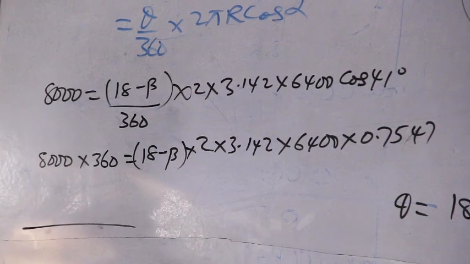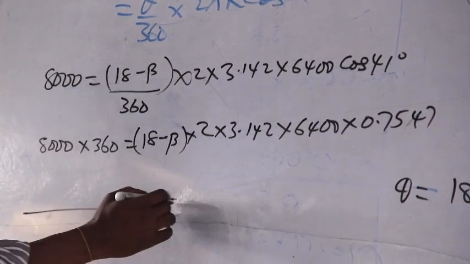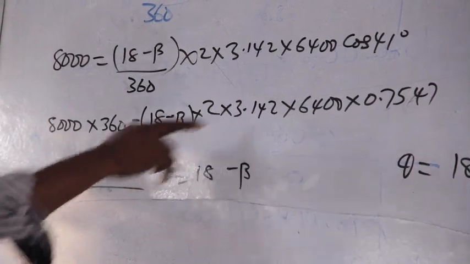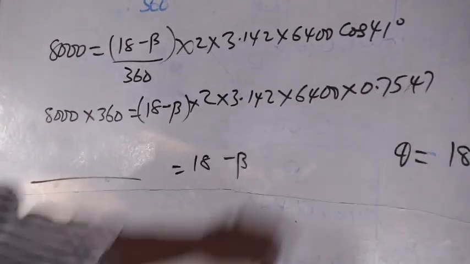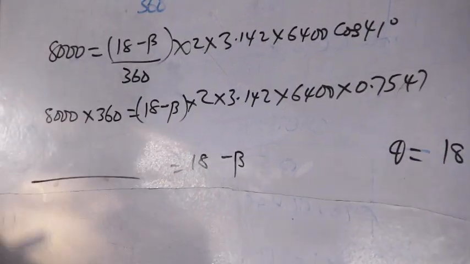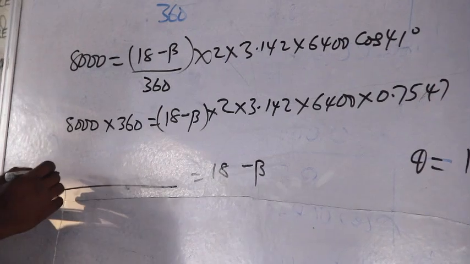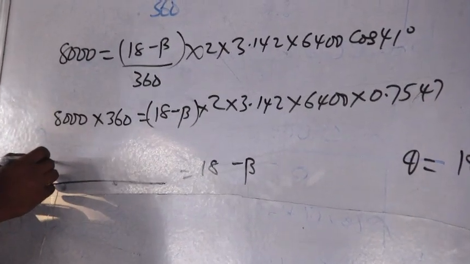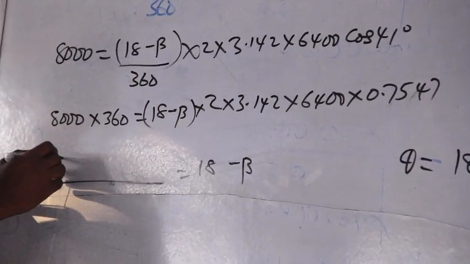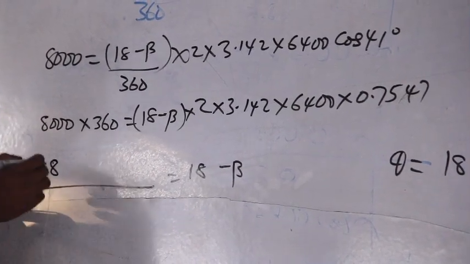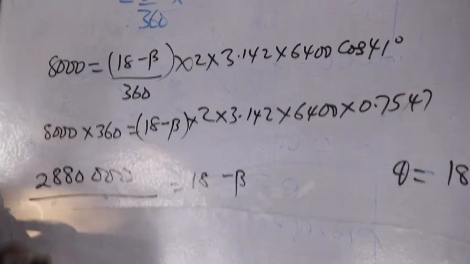What about this? This one, Abi? 8,000 times 360 equals what? 2 million, 880,000. Something like this, right?